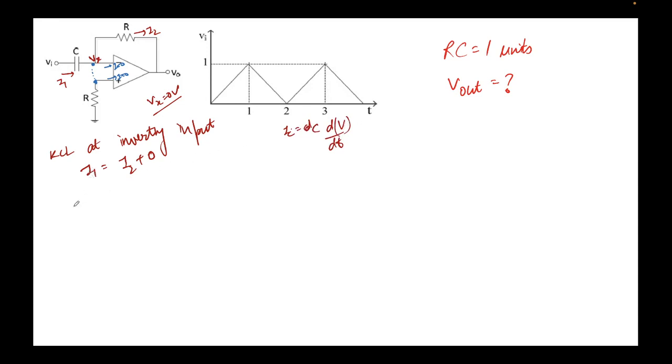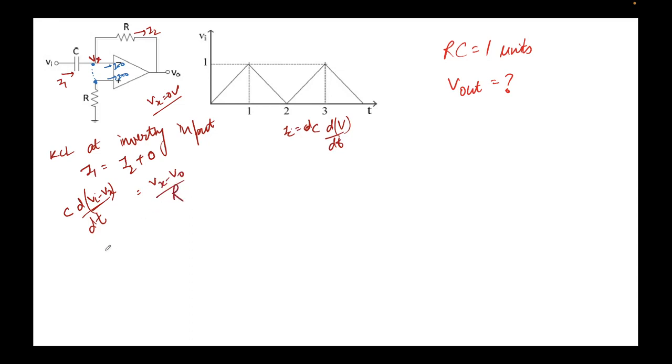So I write I1 equals C dV by dt. dV is Vi minus Vx over dt, equal to I2. I2 is nothing but Ohm's law here, so Ohm's law would be Vx minus V0 over R.